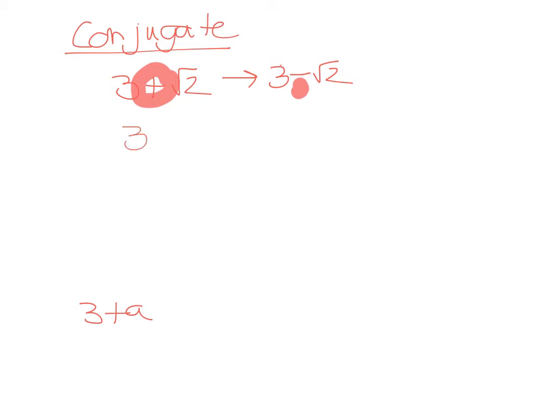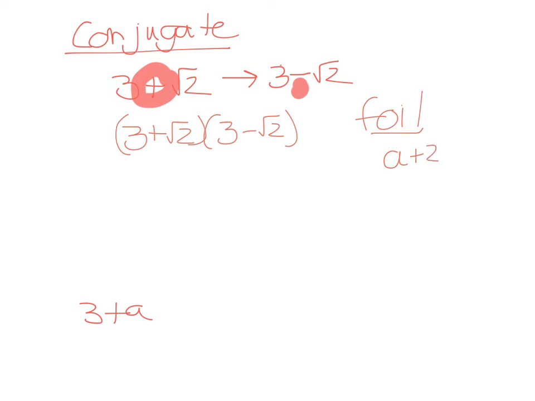Well, if you multiply 3 plus radical 2 times its conjugate, it's like you're multiplying a binomial times a binomial, which means it's just like foiling. So let's go back to foiling. If I had a plus 2 times a minus 2, and I was going to FOIL it, I would first distribute the first one twice.